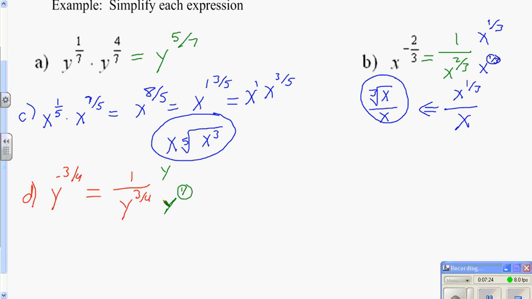That is 1/4. So this will give us y in the denominator, and above we will have y to the 1/4, which is rewritten as the 4th root of y over y.